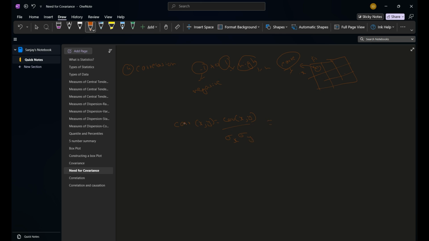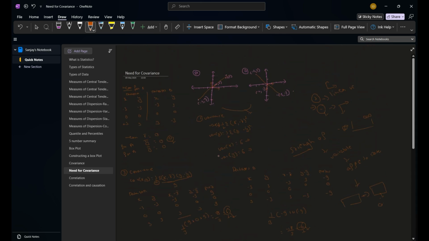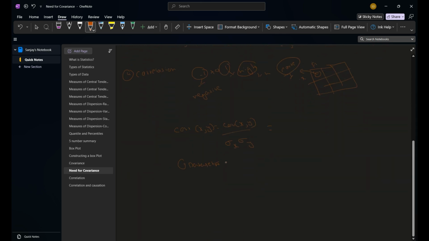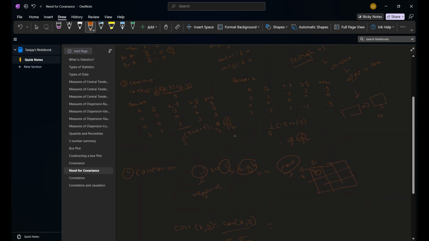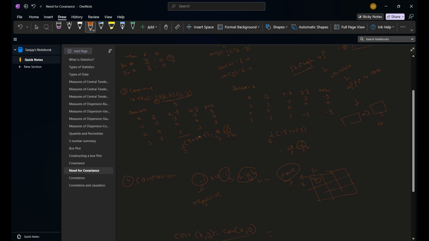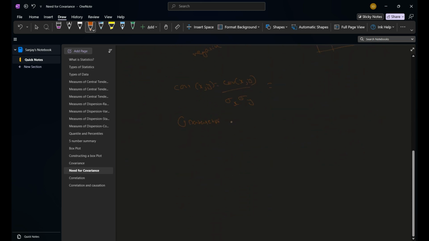Let's take the first, data set a. In our data set a, we can see that it is positively correlated. What was the covariance of x and y? The covariance of x and y for data set a was 6. And what is the standard deviation of x and y?